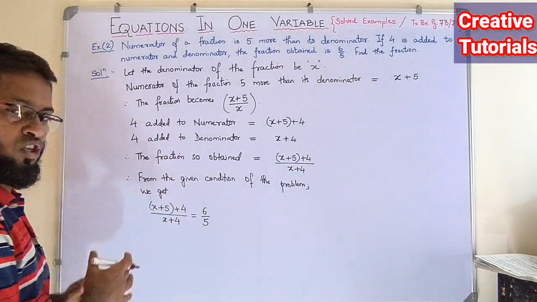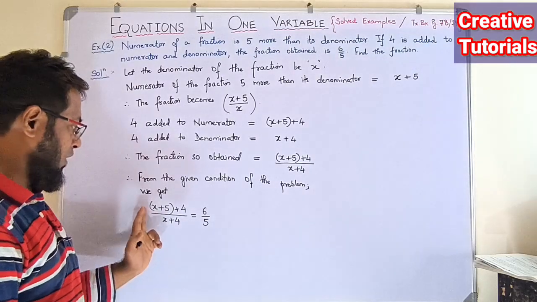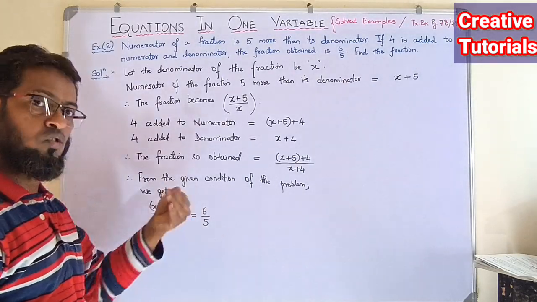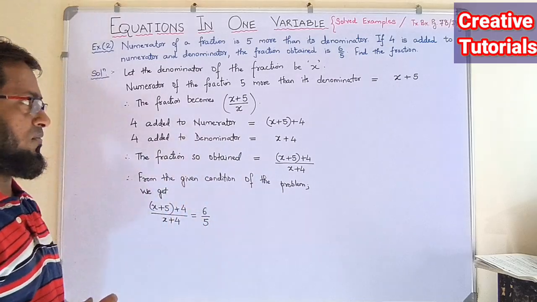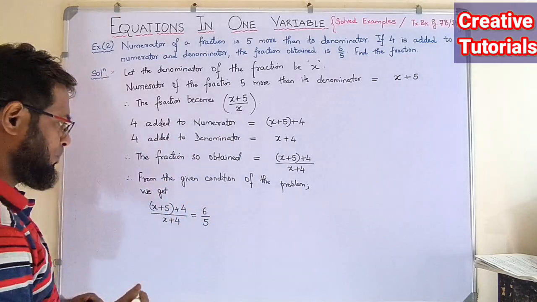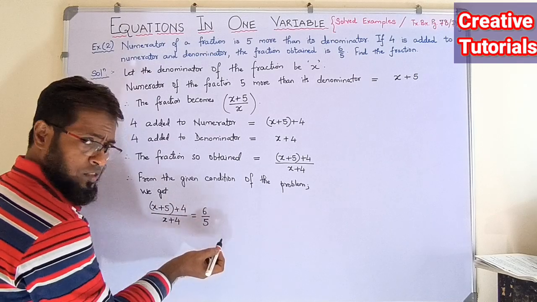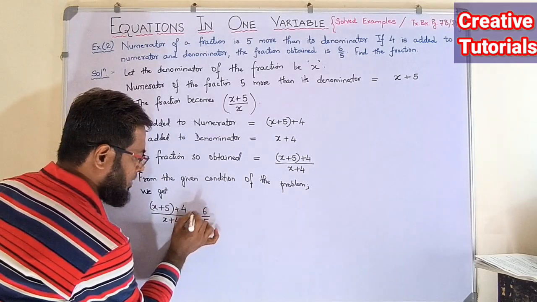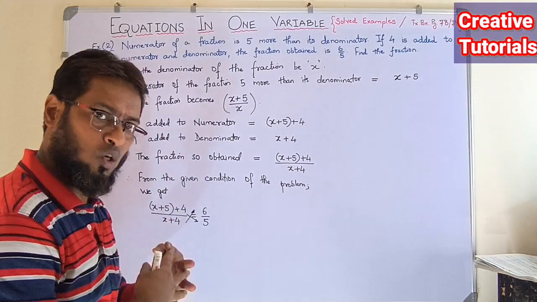This is the condition of the problem, that after adding 4 to the numerator and denominator, the fraction so obtained is 6 upon 5. Now we will do cross multiplication. We will multiply this and this, and this and this, and we will equate them.